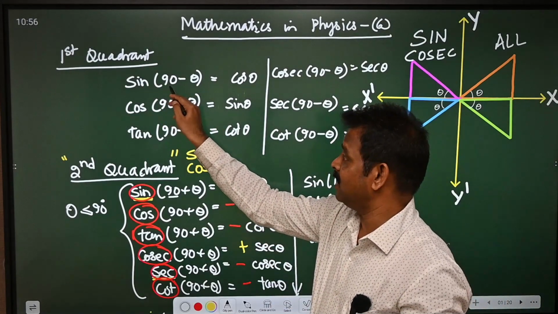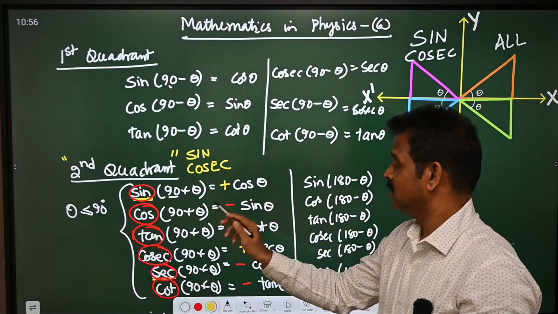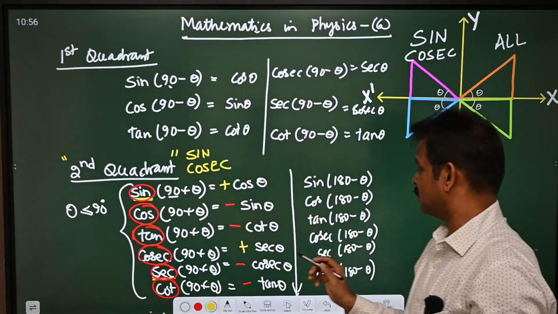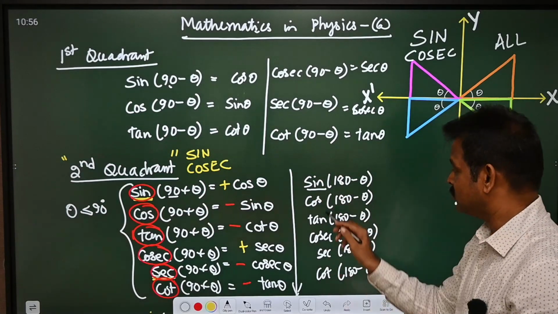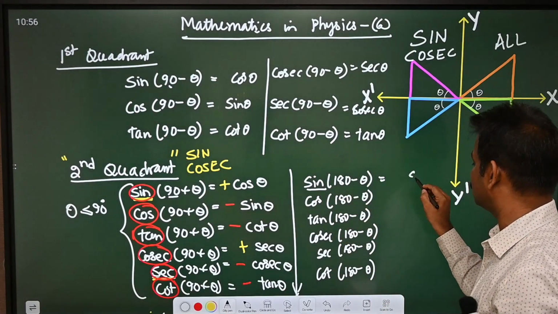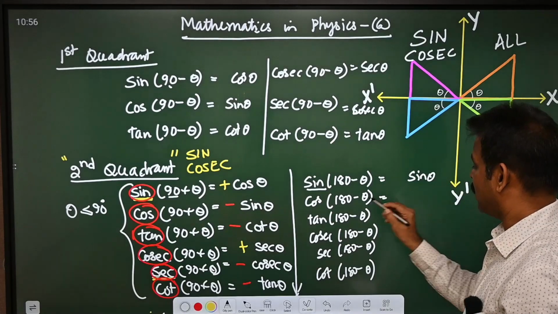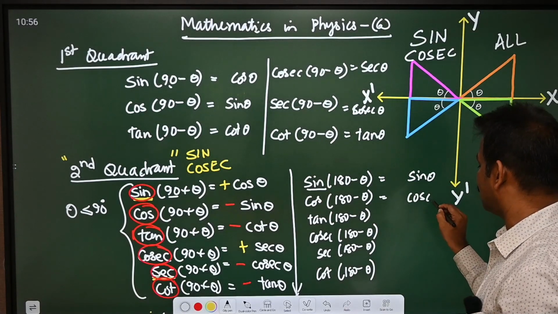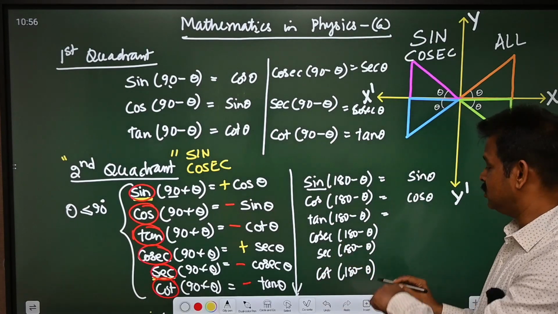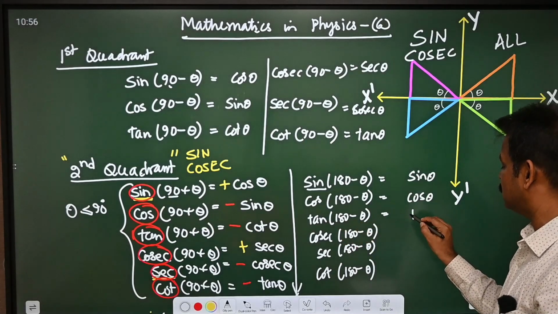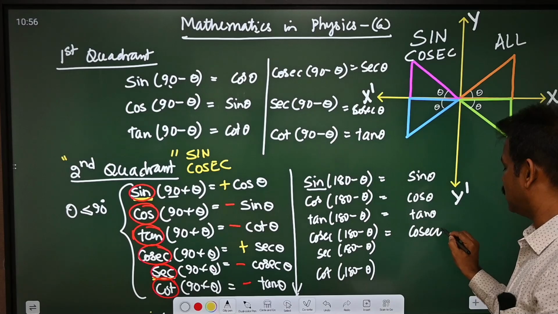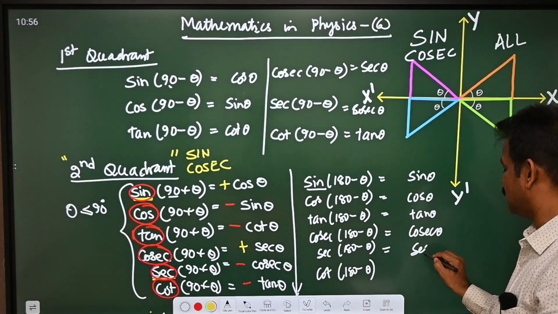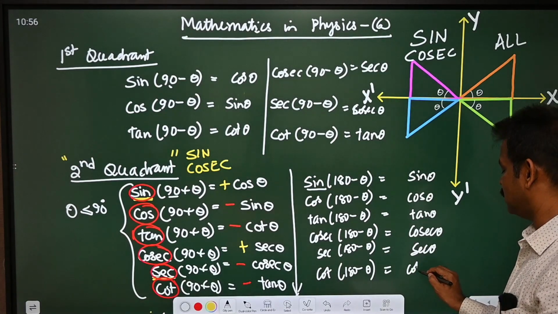If it is sin 90 plus theta, it becomes cos, but for 180, the trigonometric ratio remains the same. So sin 180 minus theta is equal to sin theta. Cos 180 minus theta is also cos theta. Tan 180 minus theta, whenever 180 is there, this won't change. This remains as tan theta, this remains as cosecant theta, this remains as secant theta, and this remains as cot theta.